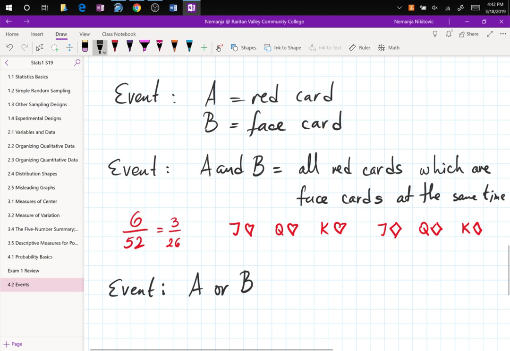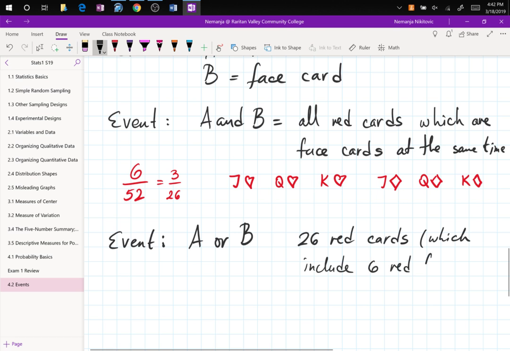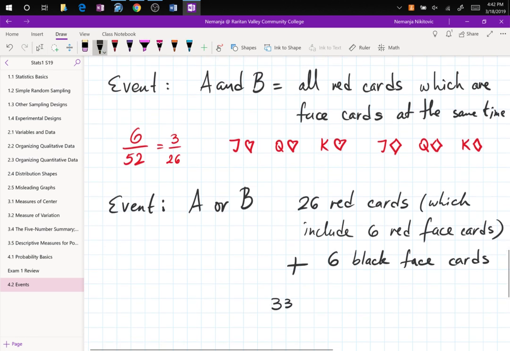So event A or B, we're going to have 26 red cards, and I'll put in parentheses which include 6 red face cards, plus 6 black face cards for a total of 32 over 52 cards.